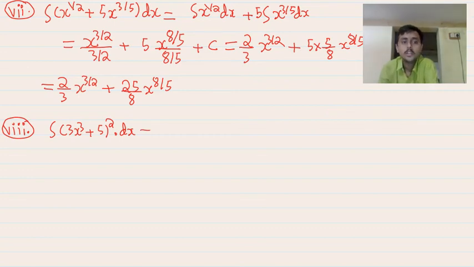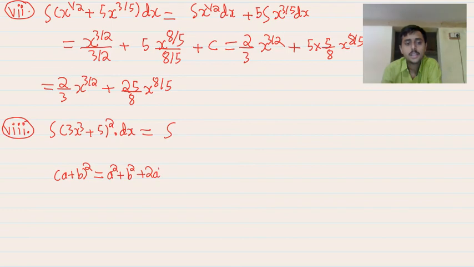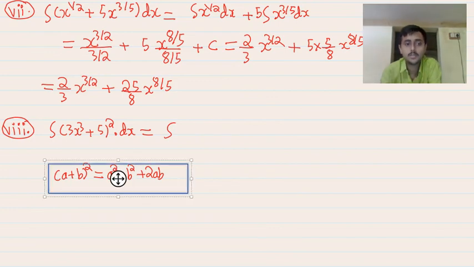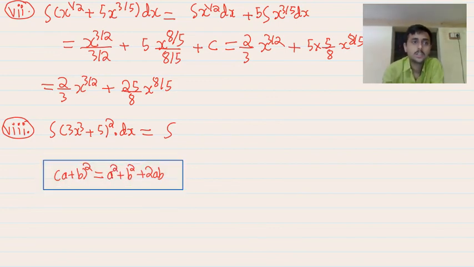First of all, we will expand this entire square. So a plus b whole squared can be written as a squared plus b squared plus 2ab. In case you have forgotten, please remember this formula. So this becomes integration of 9x to the power 6 plus 25 plus 30x cubed with respect to x.